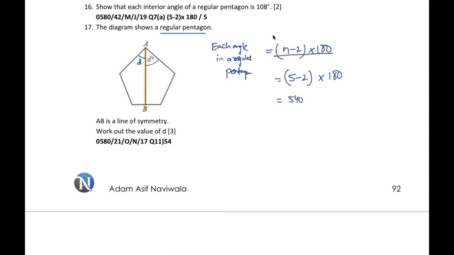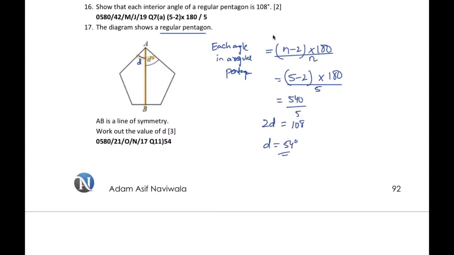So each interior angle was n minus 2 times 180 upon n. We are going to be dividing it by 5 as well. So 540 divided by 5 is going to be 108. Now each interior angle in this pentagon is going to be equal to 2 times D. So D is 108 divided by 2.